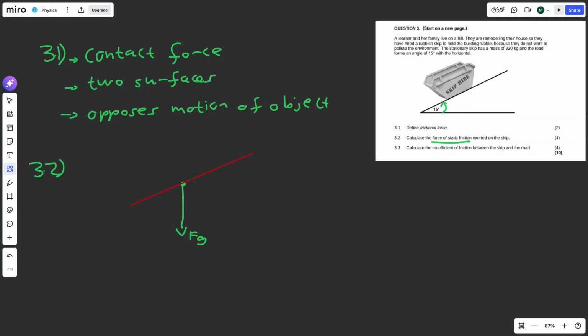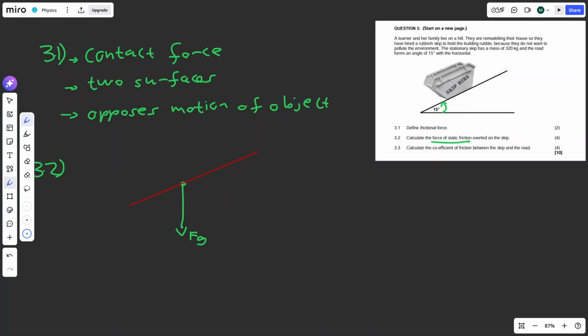So this will serve as our plane. Now we've got FG, which is acting vertically downwards, which is the case when it comes to the force of gravity. However, one thing that we need to keep in mind is that for an object placed on an inclined plane, the force of gravity acting on that object can be broken down into its components.